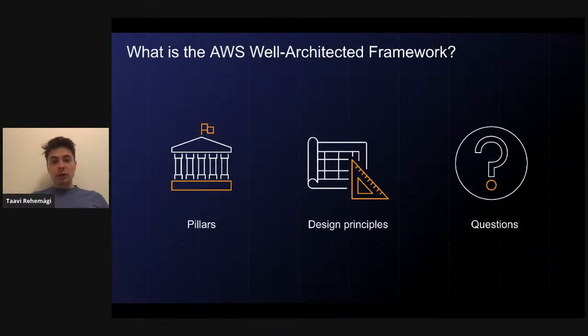So quick recap, the well-architected framework consists of 3 core sections. First, you have the pillars. We'll go into that a bit later in the next slide, actually. Then we have the design principles, and then we have the questions. So for each of those, it's a logical approach from top to bottom.